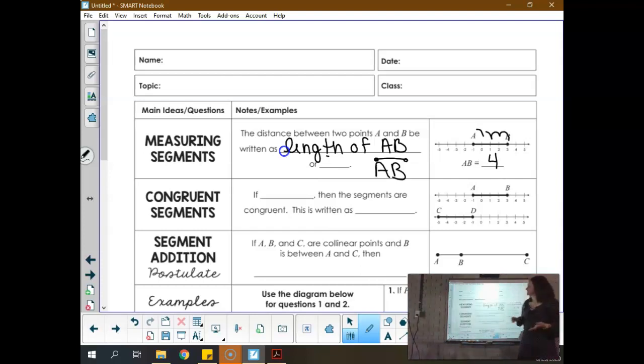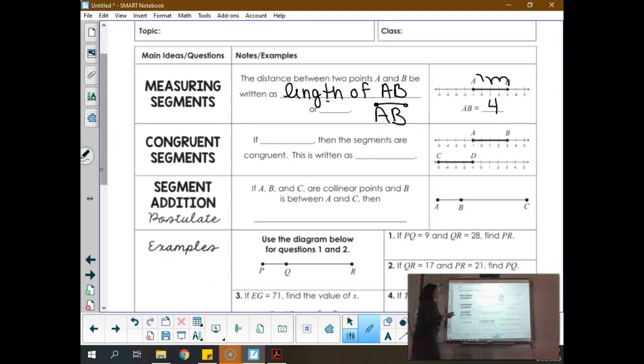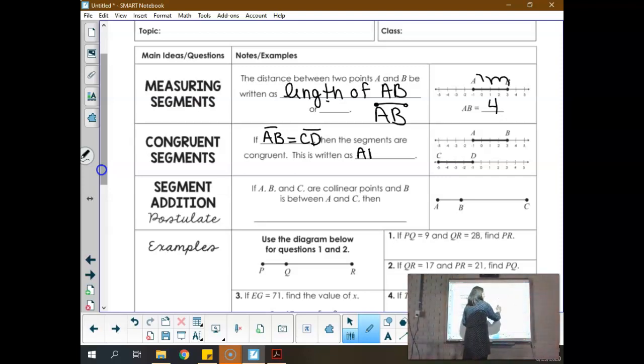All right, congruent segments is talking about whether or not you have two segments that are the exact same length. So, if AB equals CD, and we're talking the actual measurements, then we're going to write it as AB is congruent to CD.